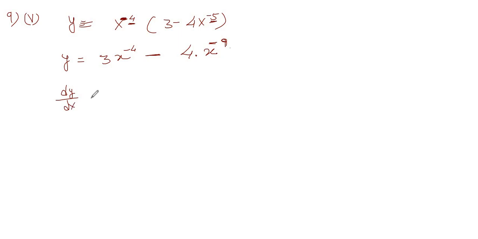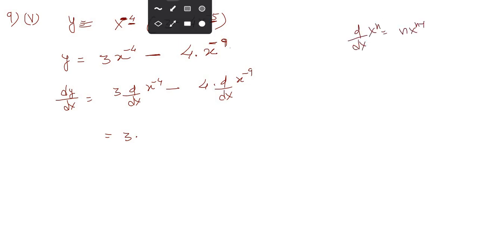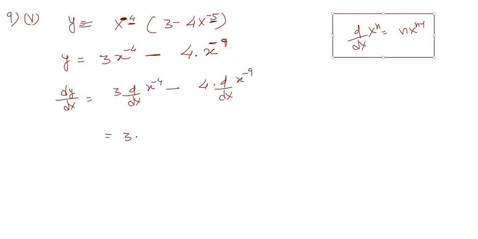Now dy by dx will be 3 d by dx of this minus 4 into d by dx of this, correct? So 3 into, the same formula I am applying, n x raised to power n minus 1. This is the formula, okay? So minus 4 x raised to power minus 5, and 4 into minus 9 x raised to power minus 10, correct? One power is reducing.